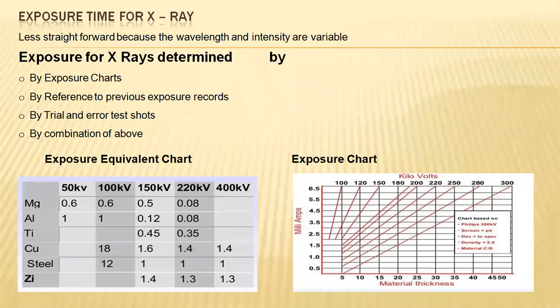Moving on to the exposure time for the X-rays. It's a less straightforward basis with respect to the wavelength and intensity. If you observe, the exposure of the X-rays is clearly determined in the charts. The wavelength fluctuations will clearly correspond with the material specifications also.